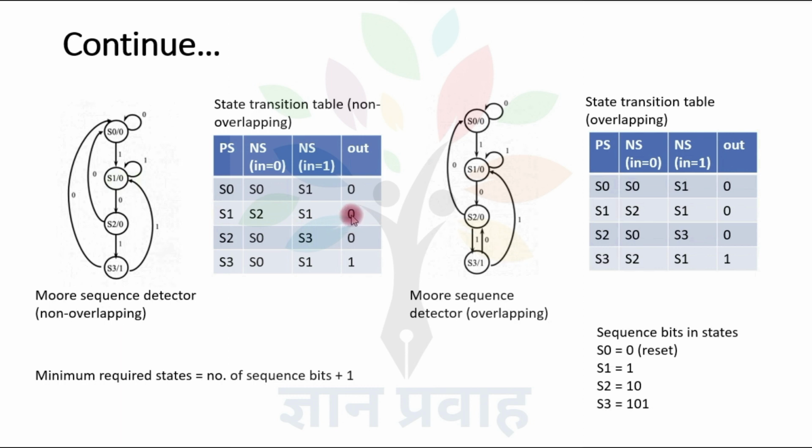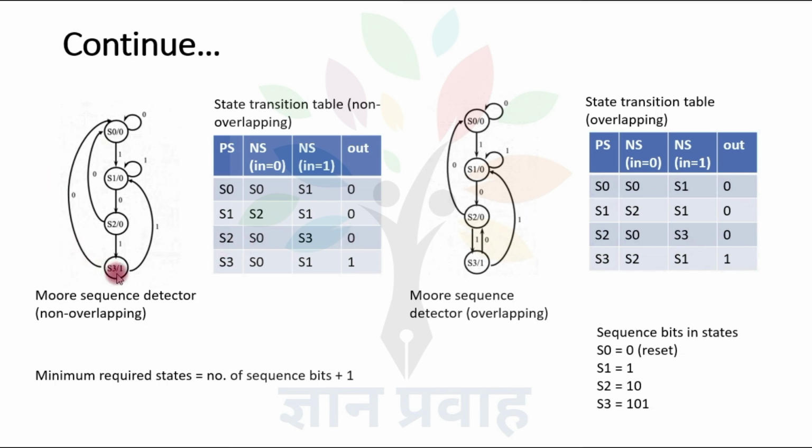At state S2, when the input bit is at logic 0, then the next state is S0. But when we receive input bit at logic 1, then the next state is S3. And here the output is 0 for the S2 state.